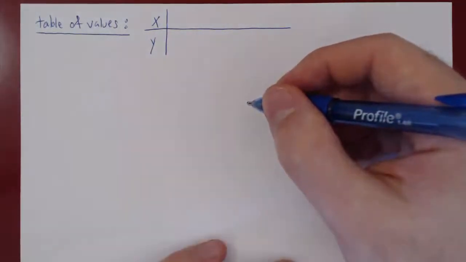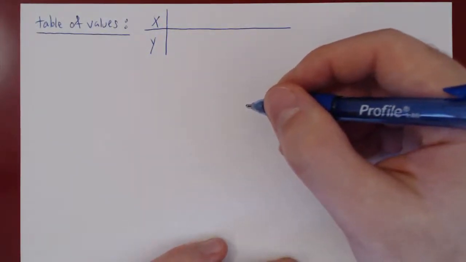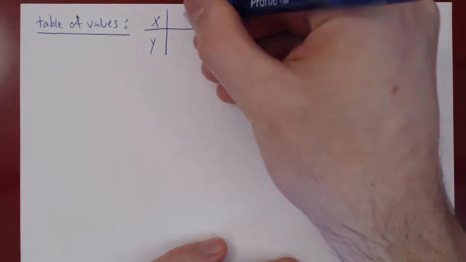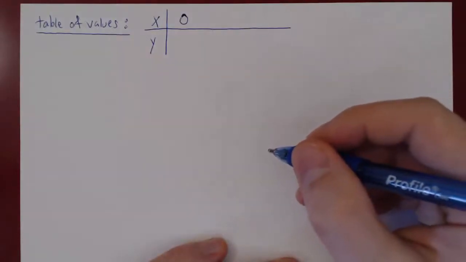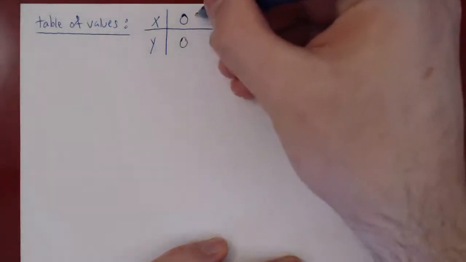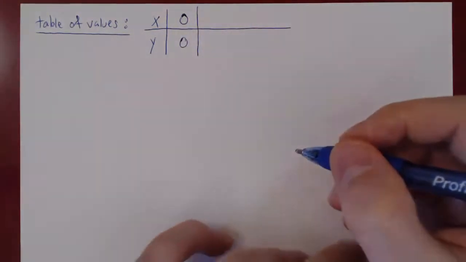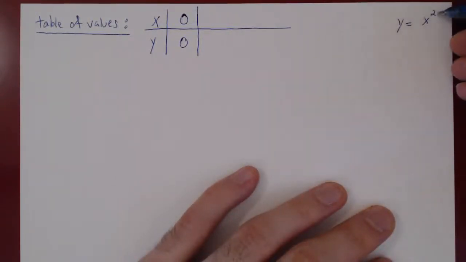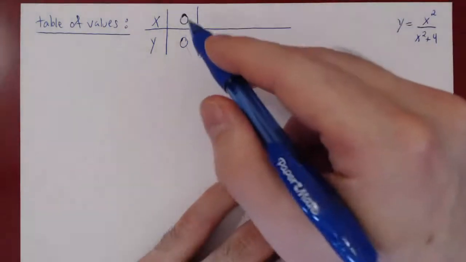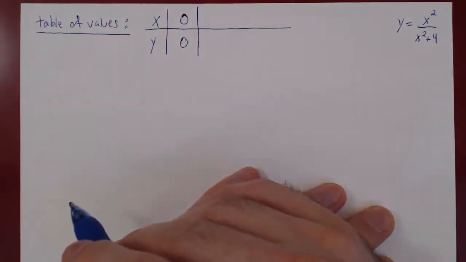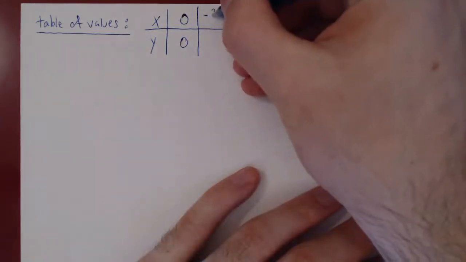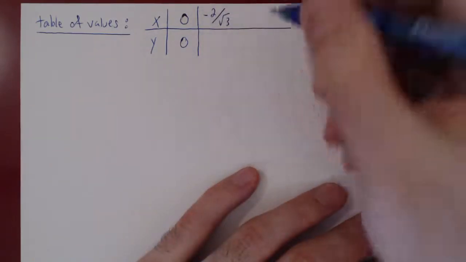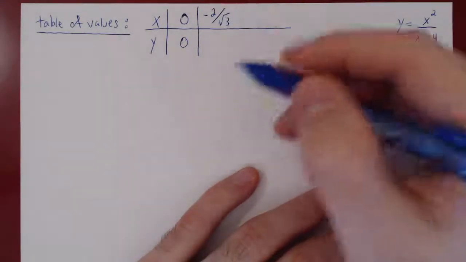Well, our first point was our 0, which was the same as the y-intercept, which was also our critical point x equals 0. And if you go back, this was also a 0. So we have the point x equals 0, y equals 0. We can remind ourselves that our function, y was x squared over x squared plus 4. And we had, this was our unique critical point, and we had two possible inflection points, -2 over root of 3. And you'll want to have an approximation for this number.